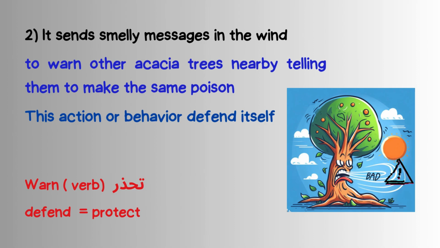So now make the same poison to keep the animals away, okay? So it sends many messages in the wind to warn other acacia trees nearby, telling them to make the same poison, okay? And this action is to defend themselves from animals that try to eat their leaves, okay?